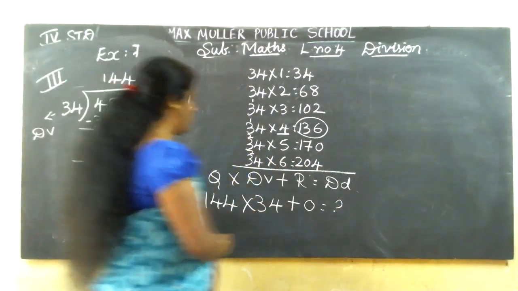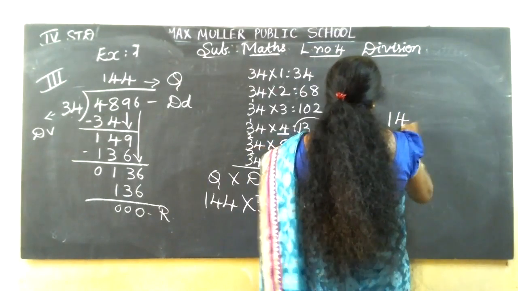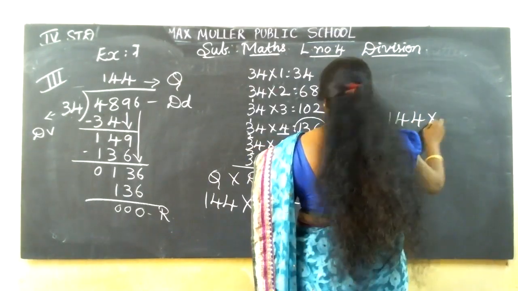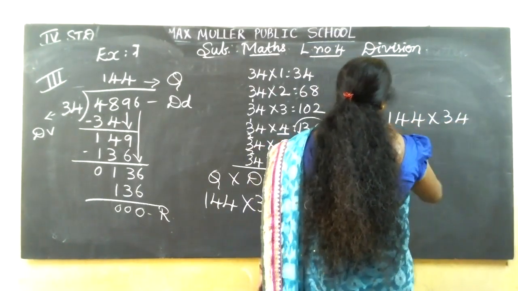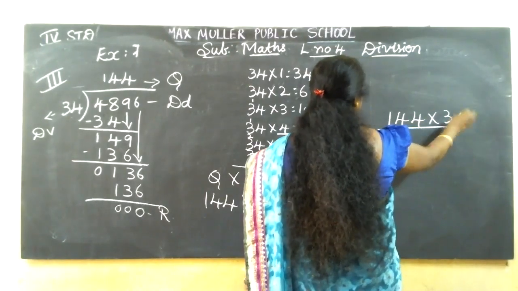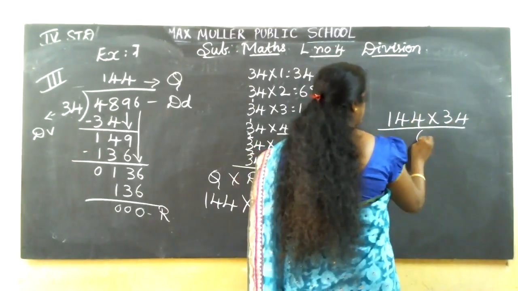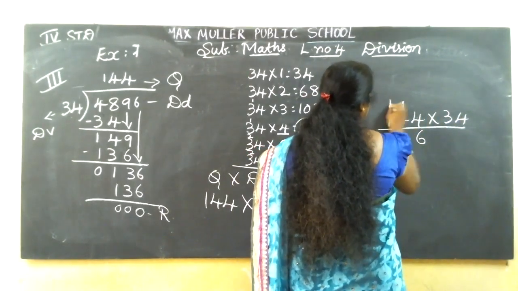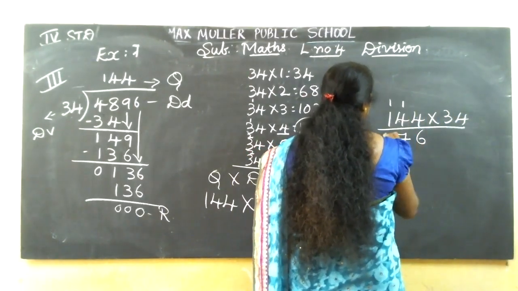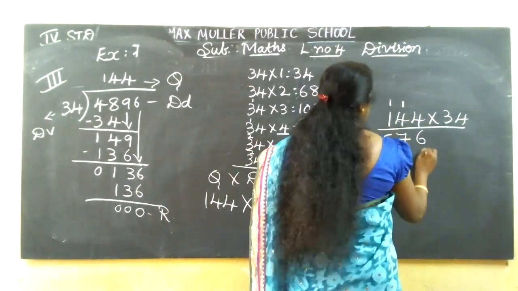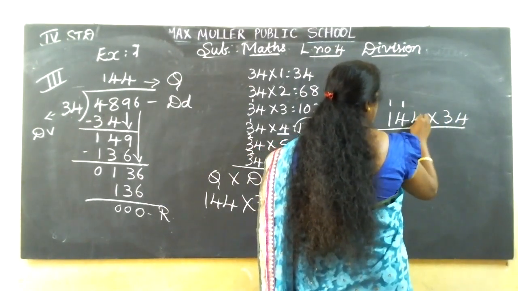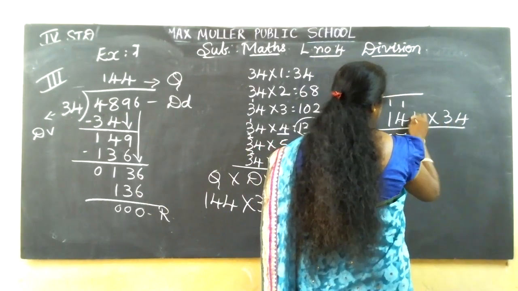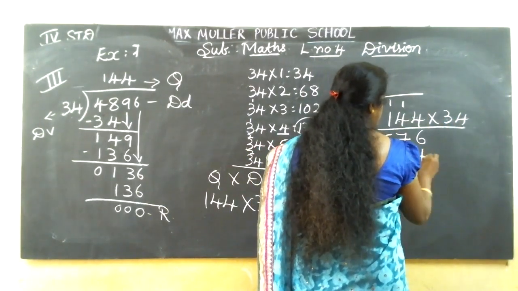So you don't know 34, 144. 144 into 34. See, 4 ones are 4, 4 twos are 8, 4 threes are 12, 4 fours are 16. 4 fours are 16 plus 1, 17. 1 carry, 4 ones are 4, 5. Here plus 3 ones are 3, 3 twos are 6, 3 threes are 9, 3 fours are 12. Plus you should put for second step.